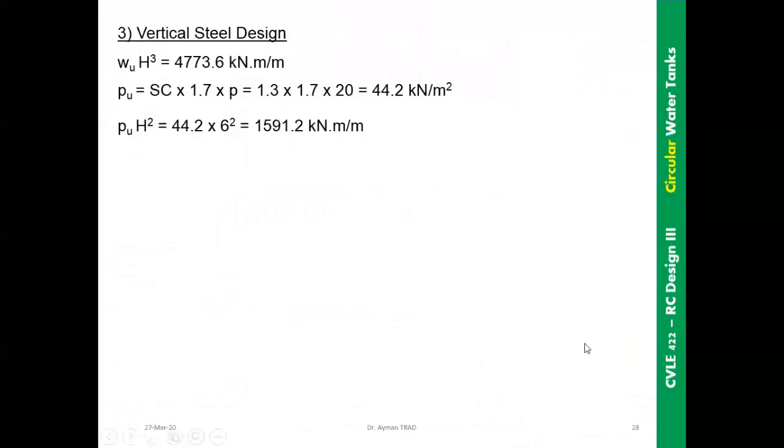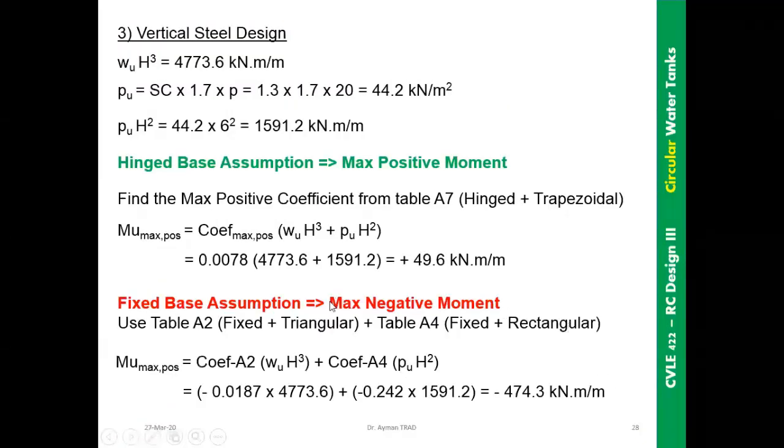Now for the fixed base assumption, we will determine the maximum negative moment. Unfortunately I won't have a table for the trapezoidal load directly; I have a table for fixed triangular and a table for fixed rectangular, so I'll do superposition between them. Also, since we're talking about fixed, surely the maximum negative moment will be at the fixed support.